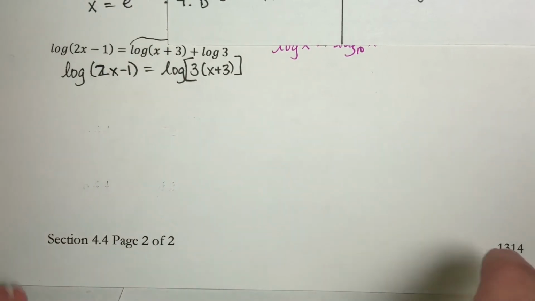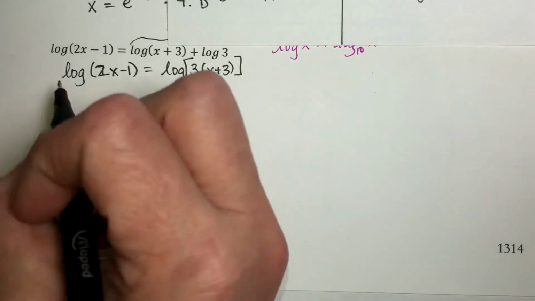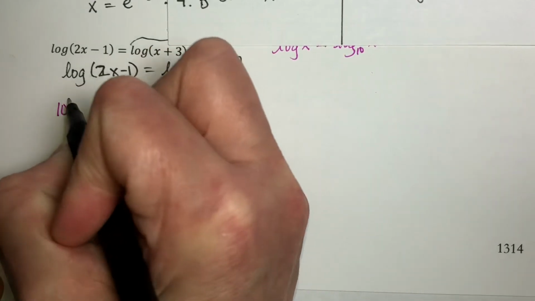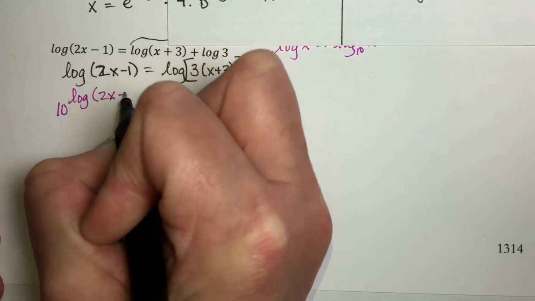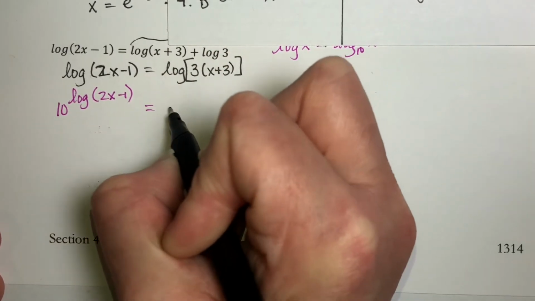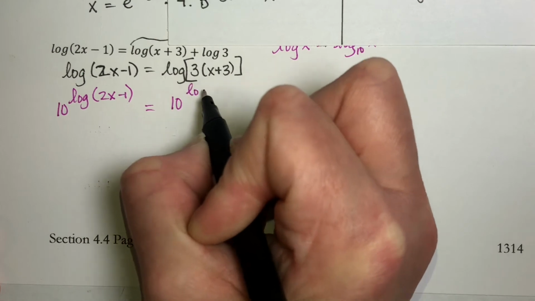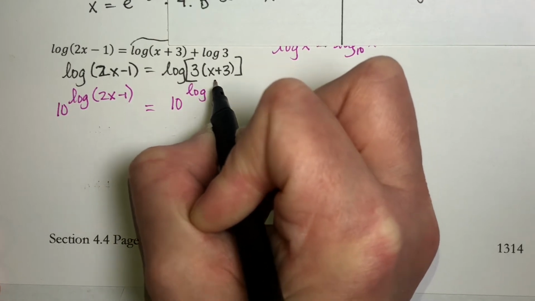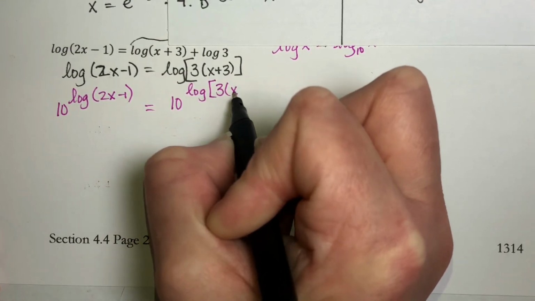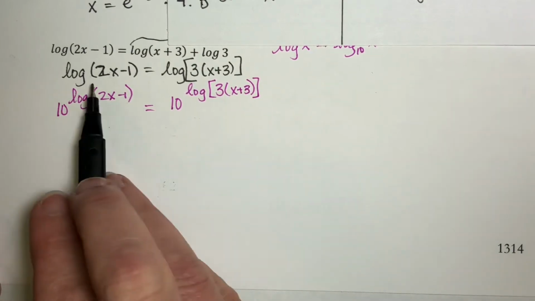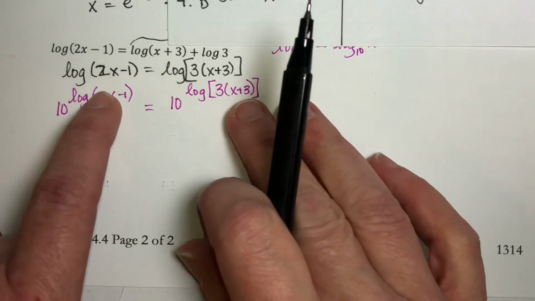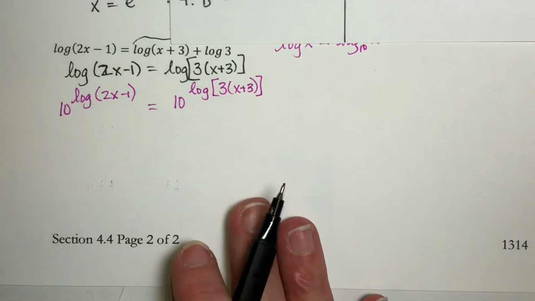But what's really happening here is I'm calculating 10 to the common log of 2x minus 1 is going to equal 10 to the common log of 3 times x plus 3. I'm allowed to raise 10 to that power, because if their powers are the same, then it should be the same.